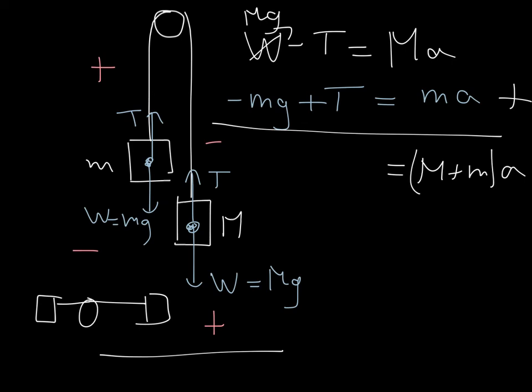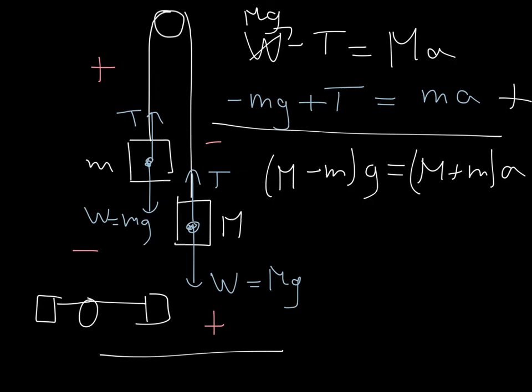Now on the left side, I have minus T plus T, that's just 0. So I can just forget about this. And now I can get Mg minus mg. So it's, again, by the associative property, M minus m, g.